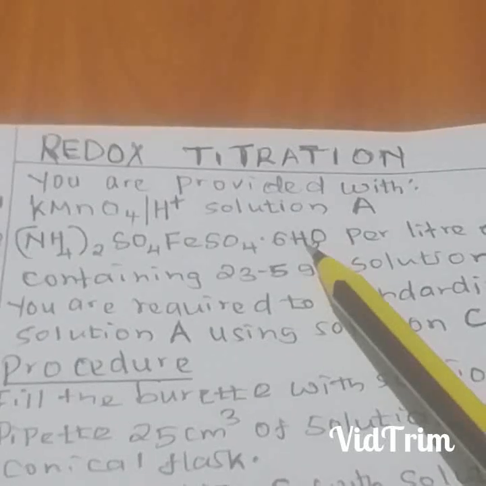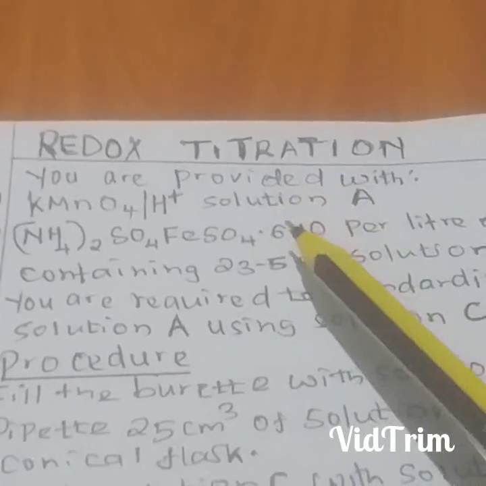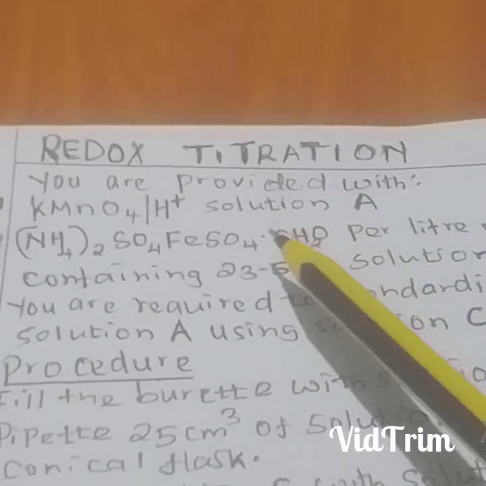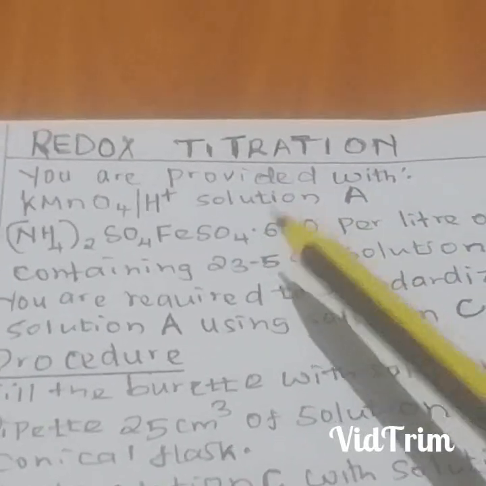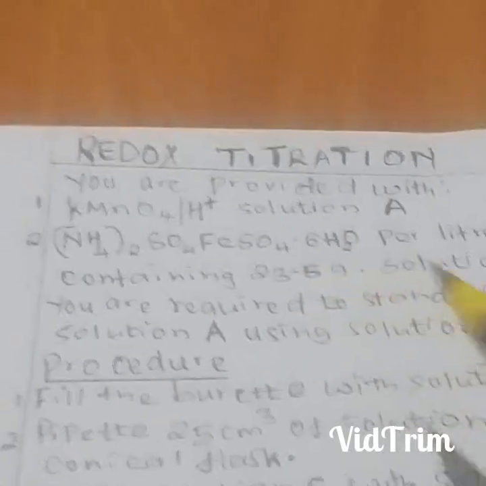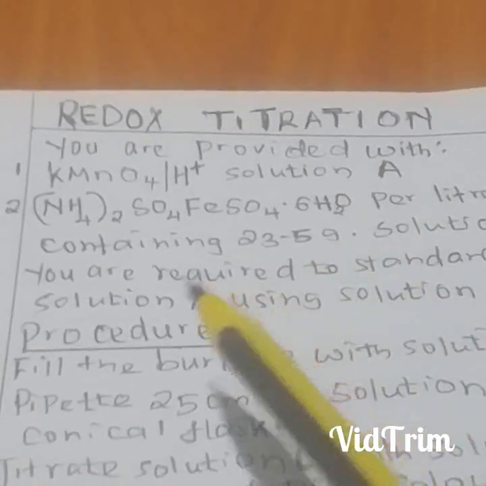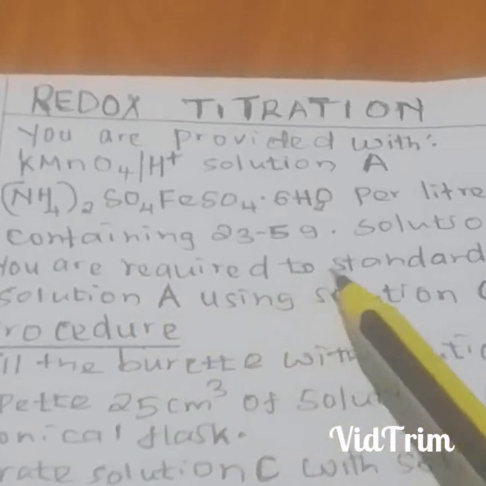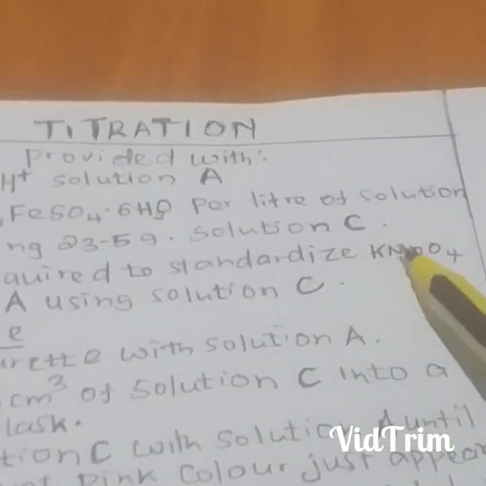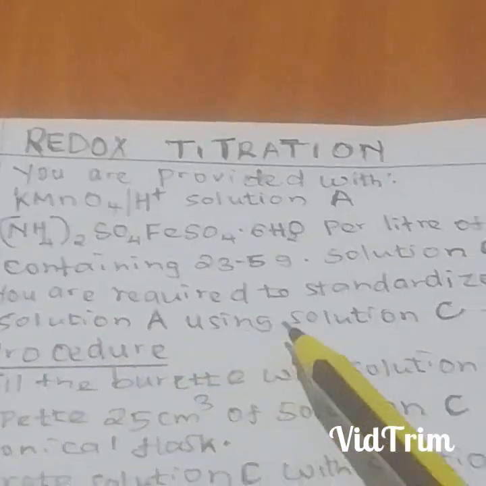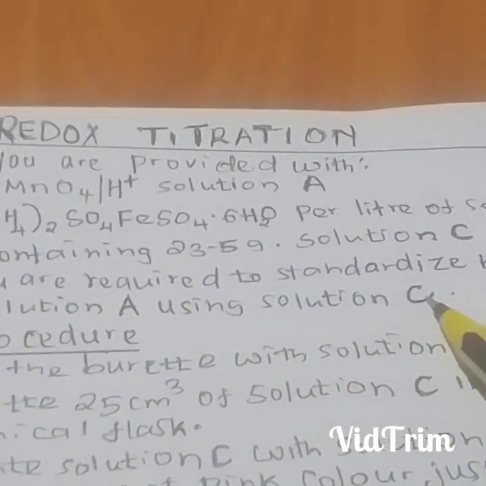So always there are two reagents in redox titration. One, an oxidizing agent, another one, a reducing agent. Is it okay, my student? Let us see what we are required to do in this question. You are required to standardize potassium permanganate(VII) solution A using solution C.